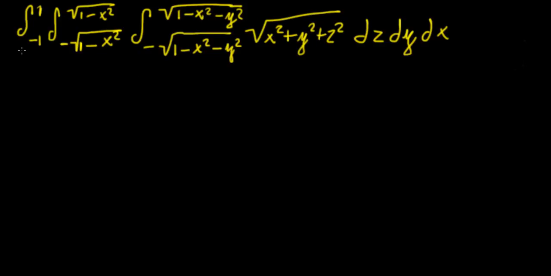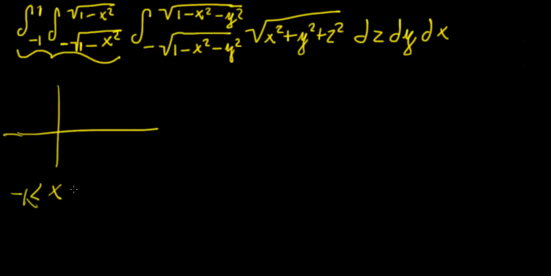So the first thing we're going to do is start with our xy plane. We're going to take those first two limits. So x goes from -1 to 1 according to this, and then y is going to cover the following semicircle. The first semicircle is minus the square root of 1 minus x squared, and then it's going to go to the square root of 1 minus x squared.